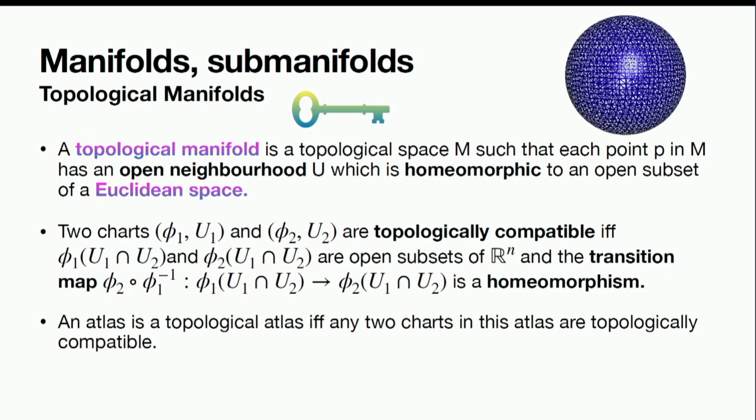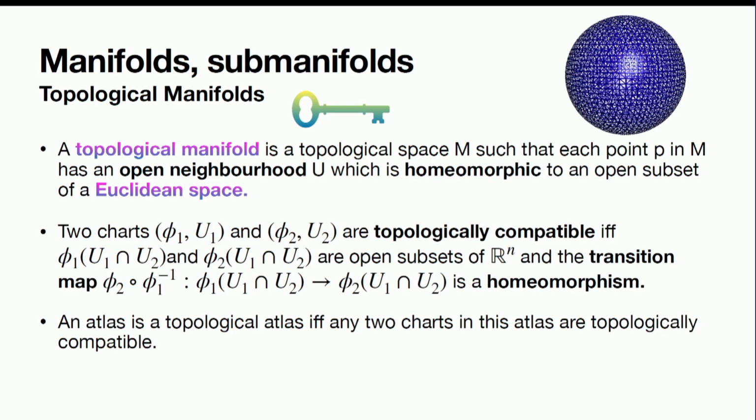And, okay, so now we can define manifolds and submanifolds, so that's the key object here. A topological manifold is a topological space M, such that each point P in M has an open neighborhood which is homeomorphic to an open set of a Euclidean space, right? That's locally behaving like some Euclidean space.